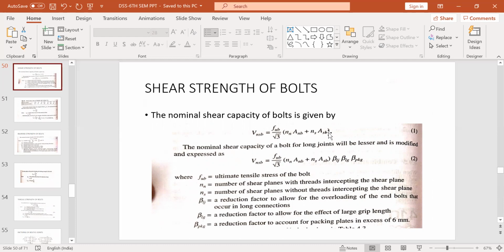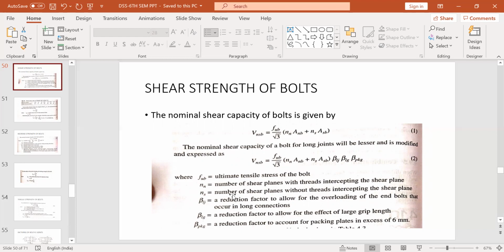Asb was the non-threaded part. Here you are assuming that the bolt is fully threaded. So Asb will be 0, Ns will be 0, so this term will not be there. In all the problems that we will solve, we'll keep our design strength confined to only this much. That is, there will be 0 contribution from this part.